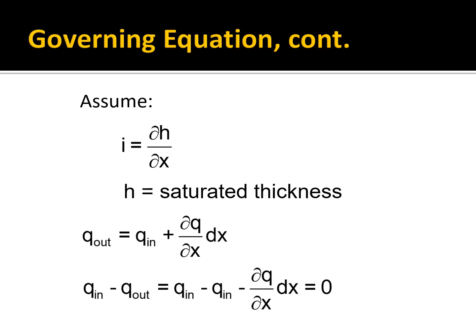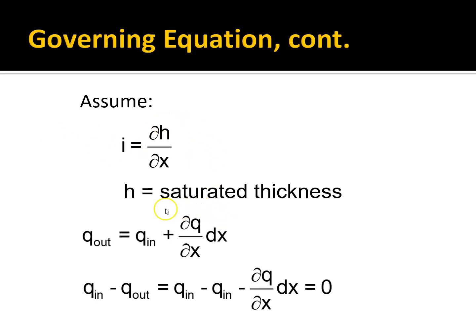And again, we're going to do conservation of mass, the continuity equation. So we're going to say the flow out the right side of this element is what flowed in the left side plus del Q del X dx. That's basically the amount that the flow rate changed as you go from the left to the right side of that element. And then for conservation of mass, Q in minus Q out has to be equal to 0.